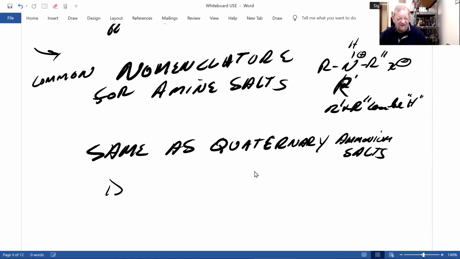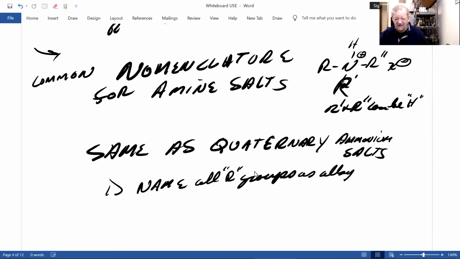And that is one. Name all R groups as alkyl groups in front.